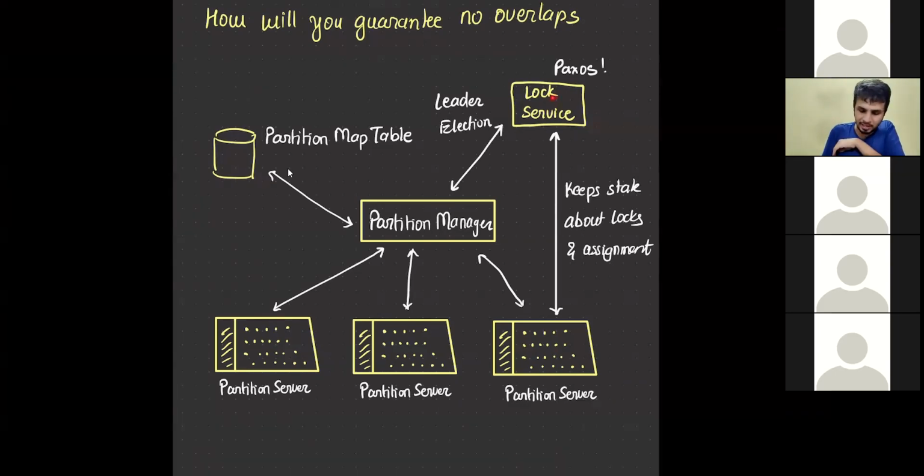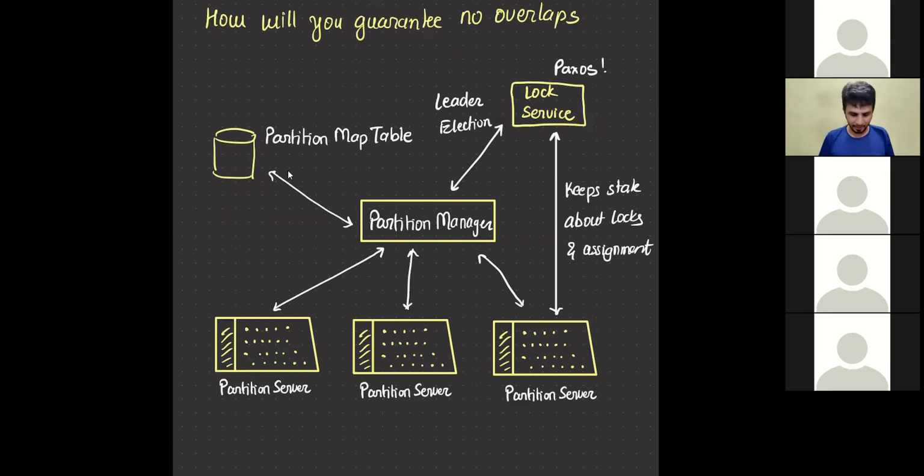This is where the lock service comes in. So it plays a very central part in doing leader election for the partition manager, allowing assignments for the partition servers, and letting partition servers store the lock data, like this file object is being consumed by this and is locked by this. Maybe some sort of conditional puts for that lock service would come into the picture.